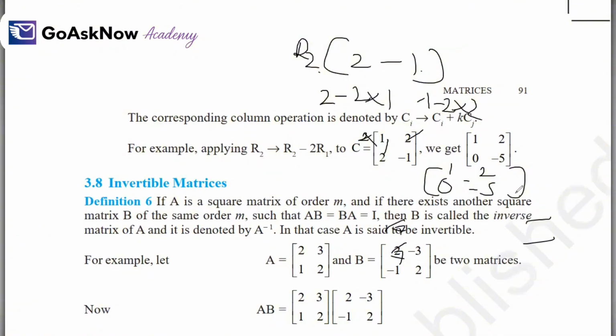Okay. Now we will see what are invertible matrices. We have just covered the operations on matrix. Now we will see invertible matrices.